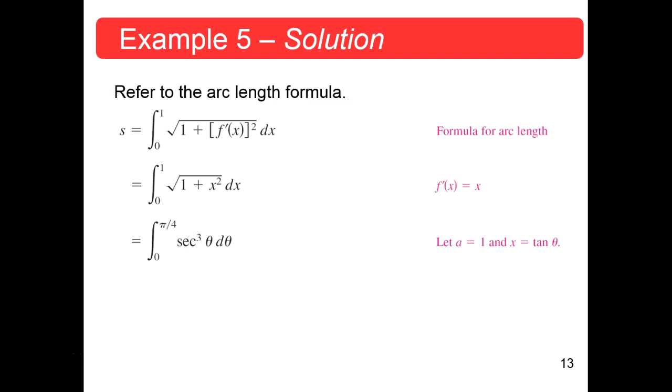But you can do that and see, and the limits are 0 to pi fourth, which we saw how that came about, and the integrand is secant cubed theta d theta, which we saw how that came about. Okay. And then they miraculously come up with that answer without telling you how they did it. They probably looked it up in the table too.